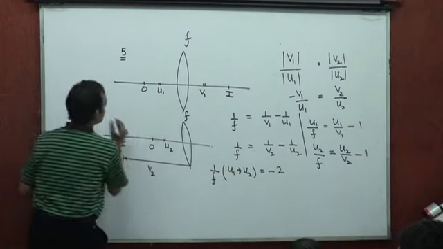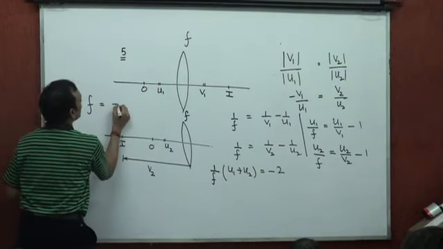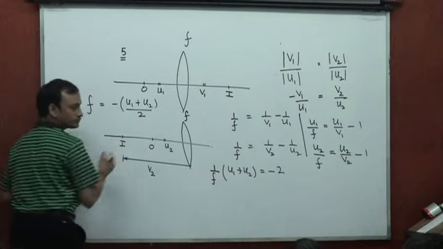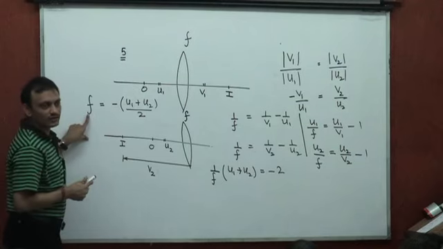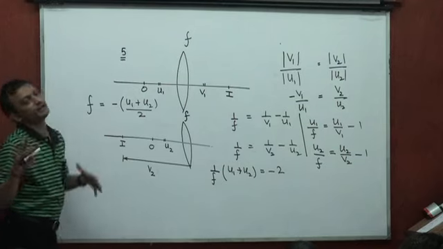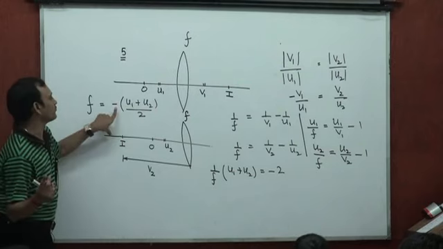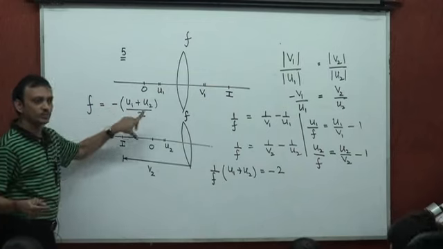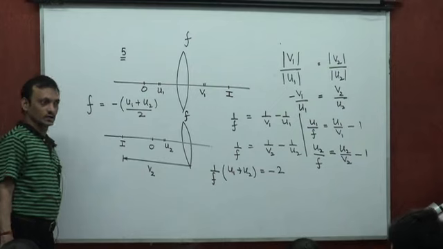Right? So that leads to f equal to minus of u1 plus u2 by 2. So that's the algebraic focal length. The magnitude of the focal length would be u1 plus u2 by 2. This is the algebraic focal length. It's coming tagged with that sign. So the magnitude of the focal length would be u1 plus u2 by 2. Clear?